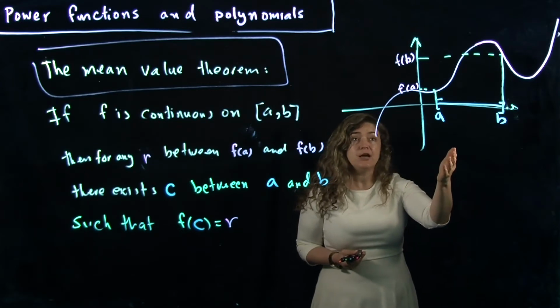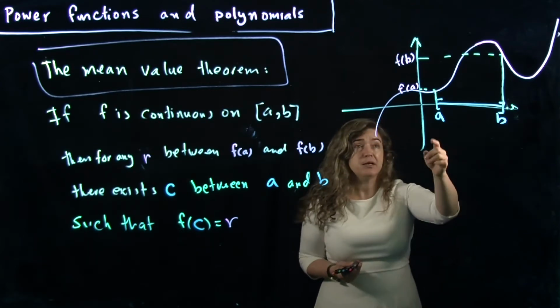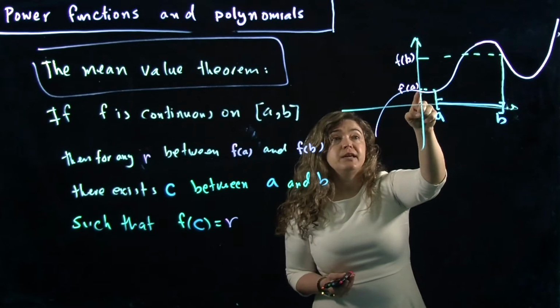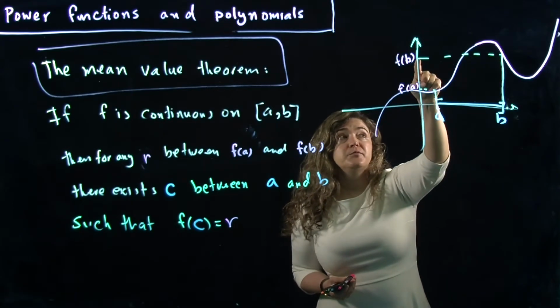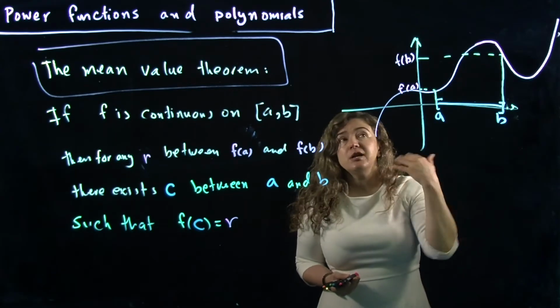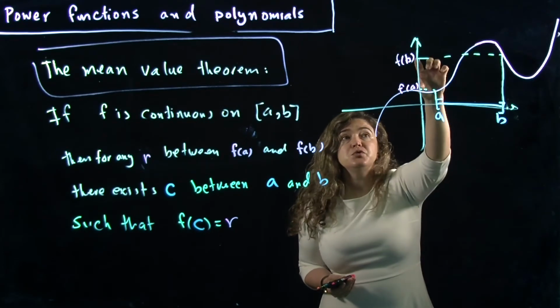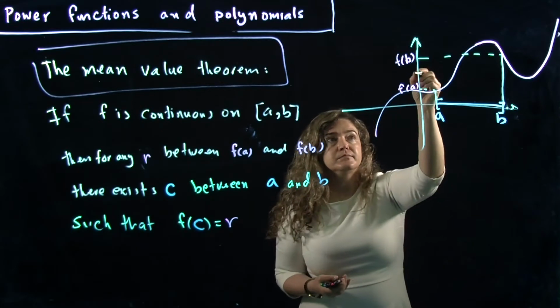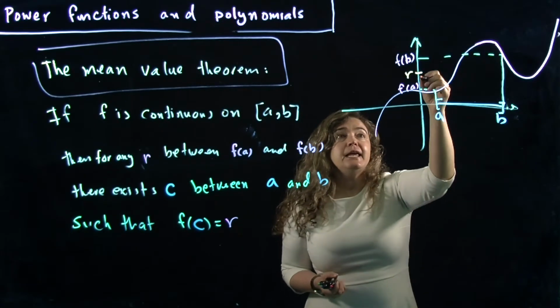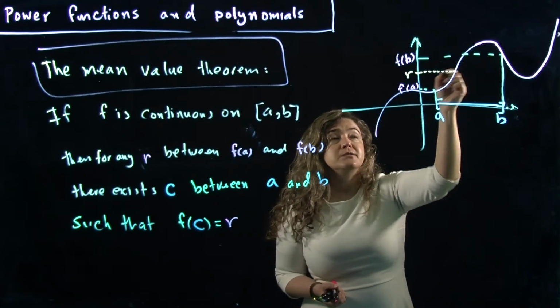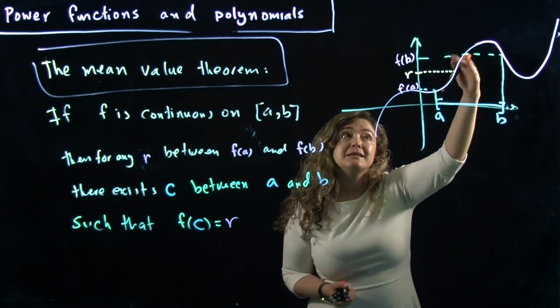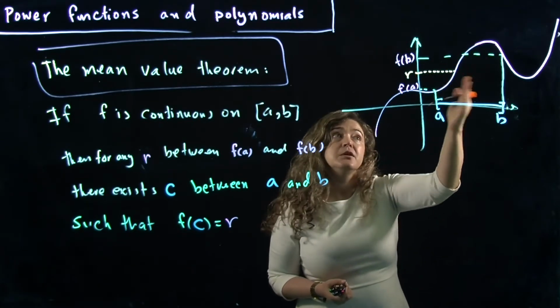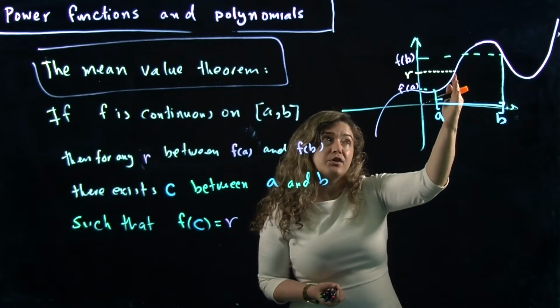What happens in here is that the value of f(a) is right here, the value of f(b) is right there, and whatever value I choose between these two, let's say r, I can draw this horizontal line, and since the continuity is there, it's going to cross the graph of the function.